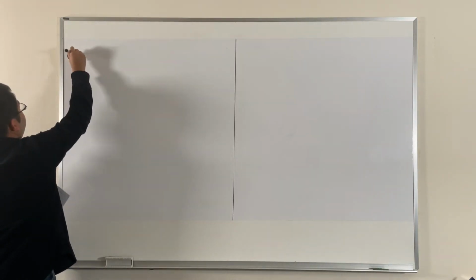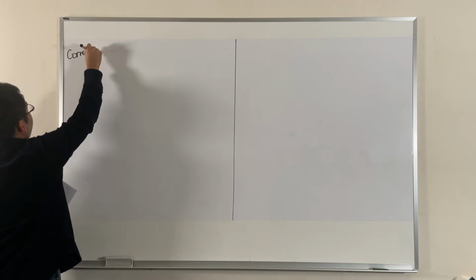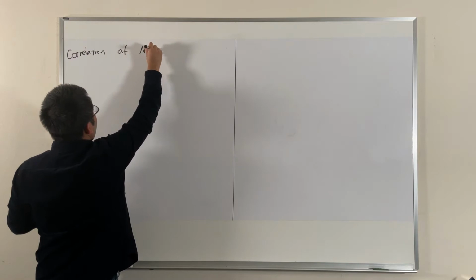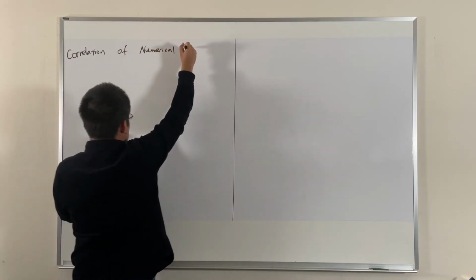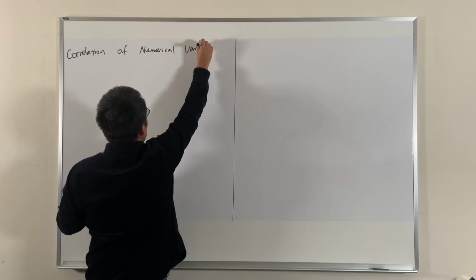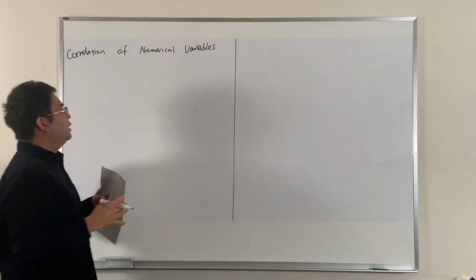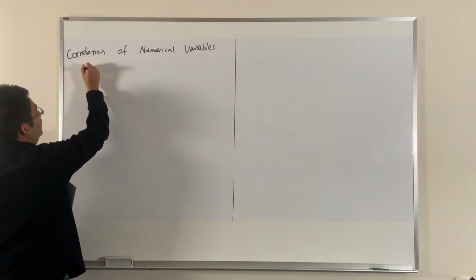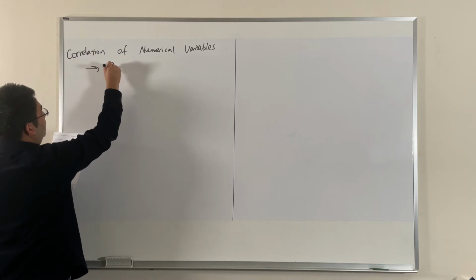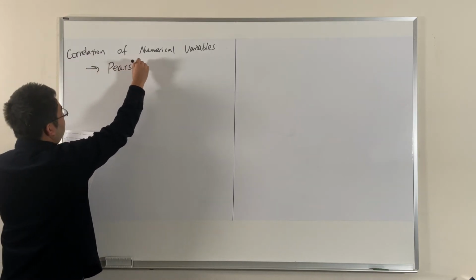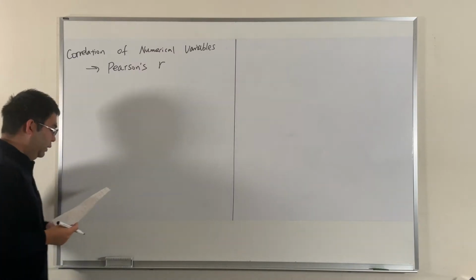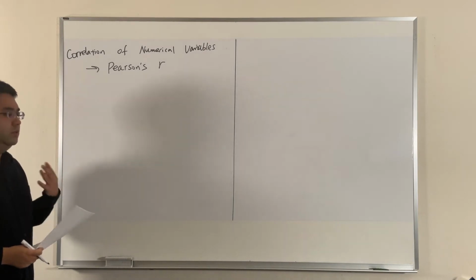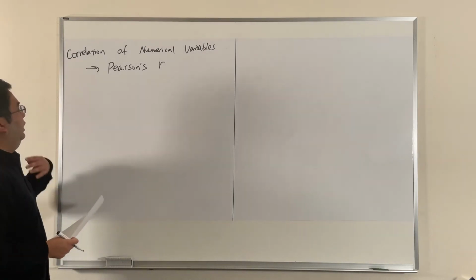And with this concept, I'm also going to show you how you can calculate this using Pearson's R. Okay, cool. Let's get started with asking the question, what does it mean to be correlated, or how two variables are correlated with each other.